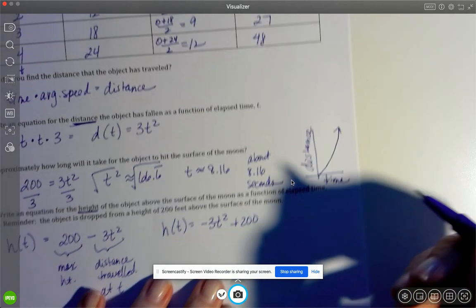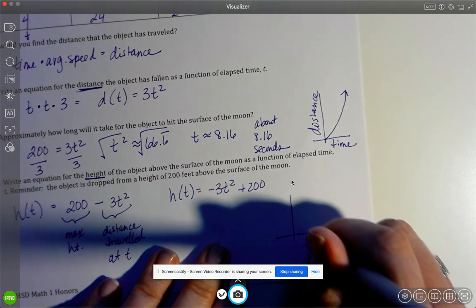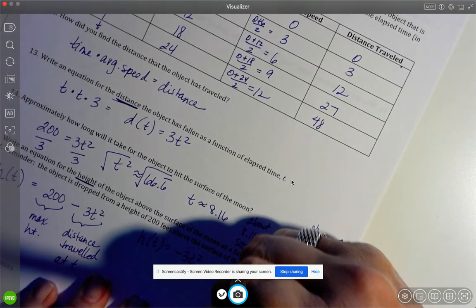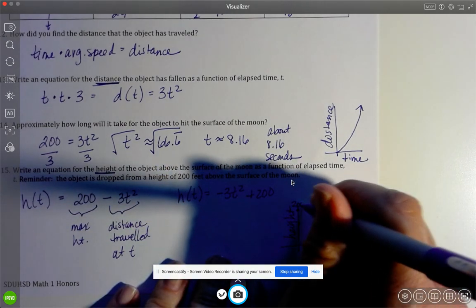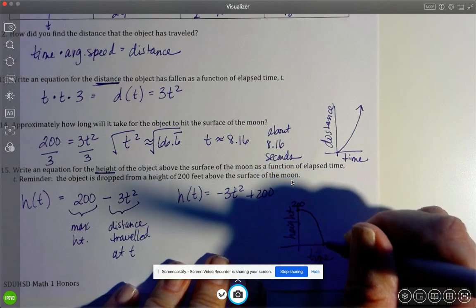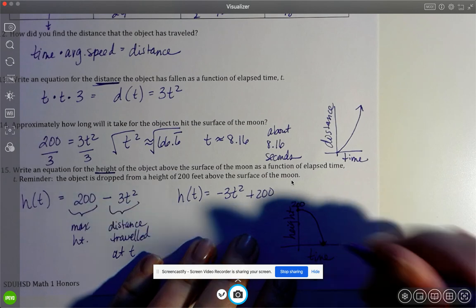But this graph, if you have time here and height here, then it really starts at 200 and goes down, right? As time goes on, it decreases in height.